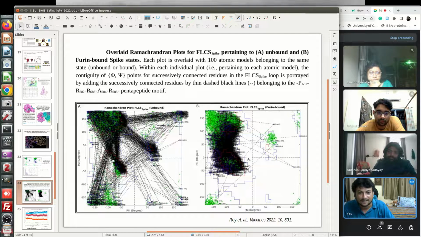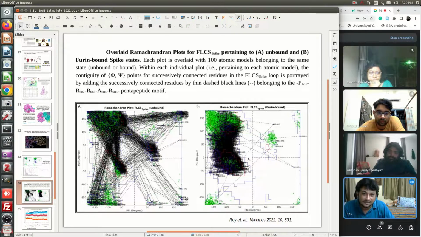Now we have a better understanding that although these are falling in the regular secondary structure regions, or the allowed regions of the Ramachandran plot, there is never a stable structure here, because the first point is probably falling here, then the next point is probably falling at the extreme end, so this is beta sheet, then again a right-handed helix, then the next point is left-handed helix. So it's a tug of war that is going on, while if you look at the bound state, they are closely clustered between helices and beta sheets.